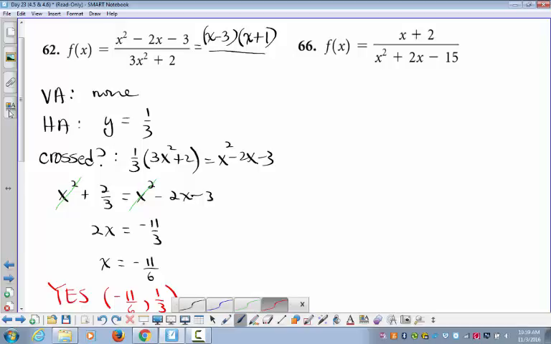You should be finding two vertical asymptotes. That denominator factors pretty nicely into two linears.